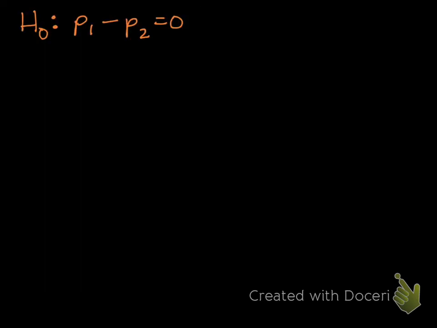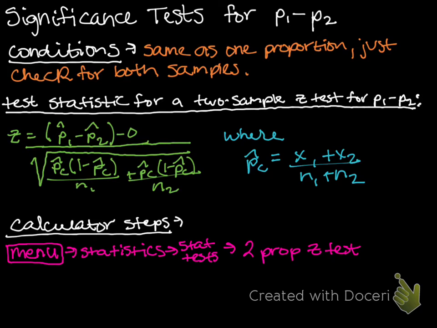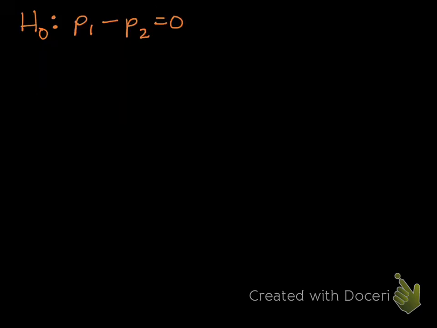Okay? Now, when it comes to writing the hypotheses, there are two ways to write the hypothesis. The null hypothesis will always be P1 minus P2 equals 0, because the null hypothesis is a statement of no difference, and no difference means 0. But another way I could write it is P1 equals P2.